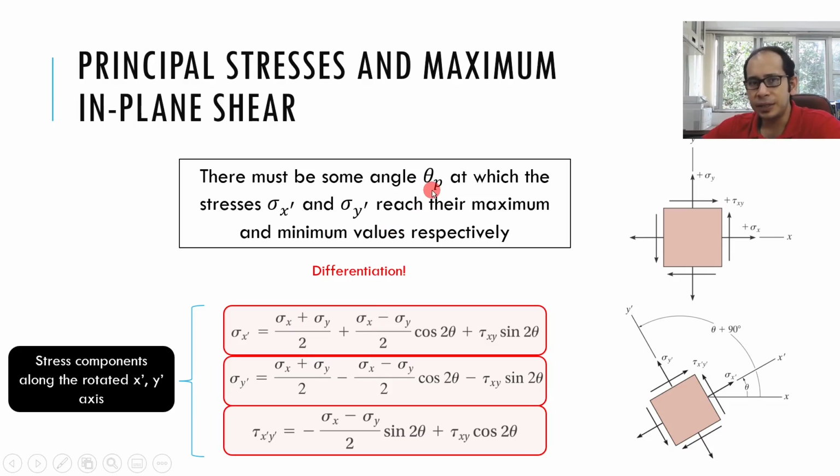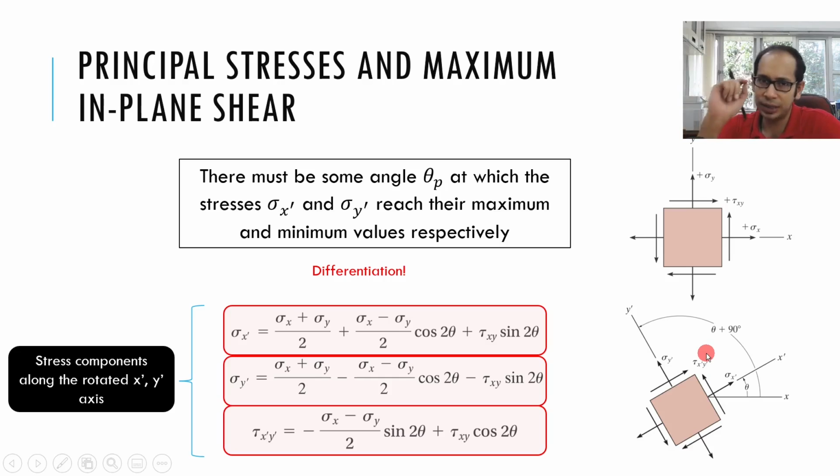Now, the second question that we are trying to address in this lecture is: is there another angle of rotation where tau x prime y prime becomes the maximum value? We know that when rotated about the principal direction, tau x prime y prime vanishes. So is there any other angular rotation where the shear becomes a maximum value?